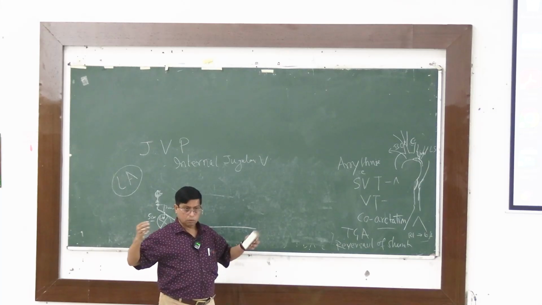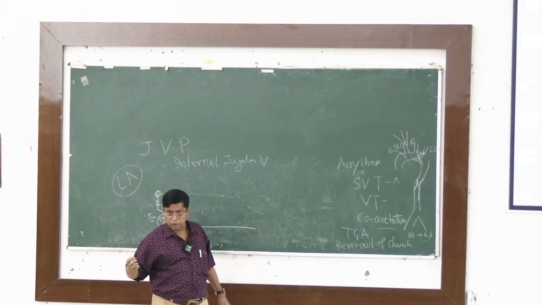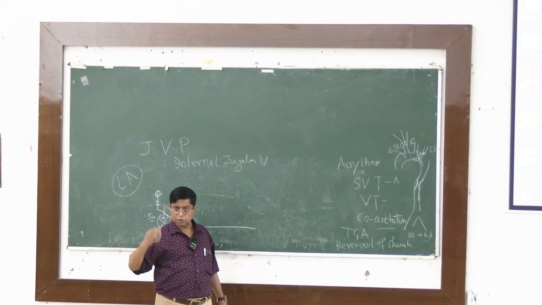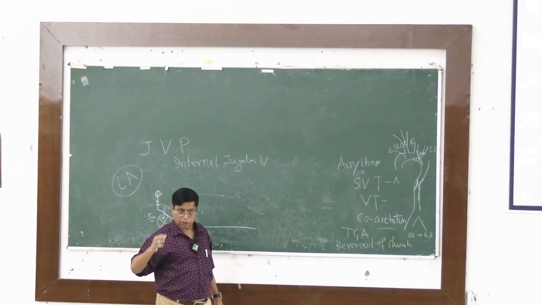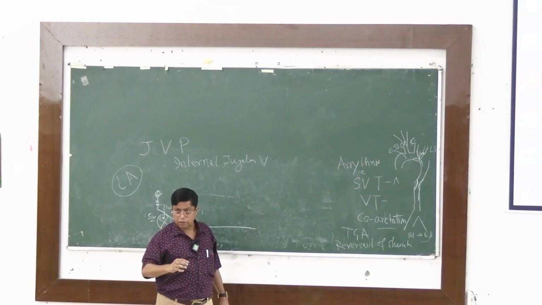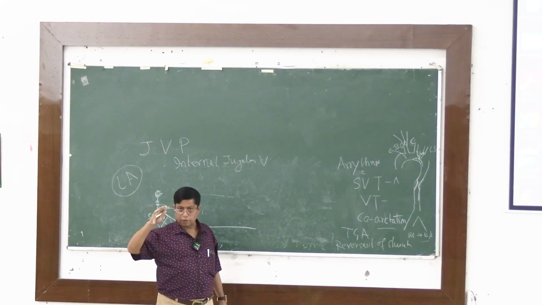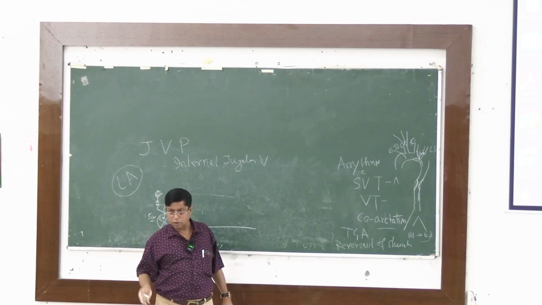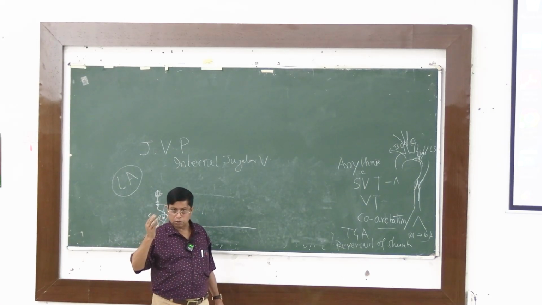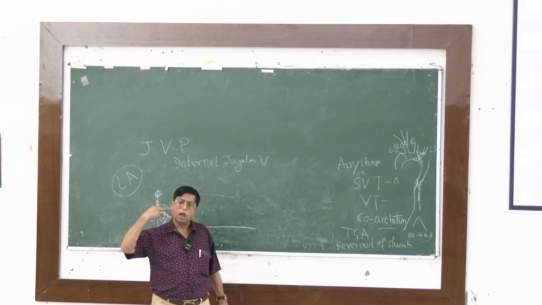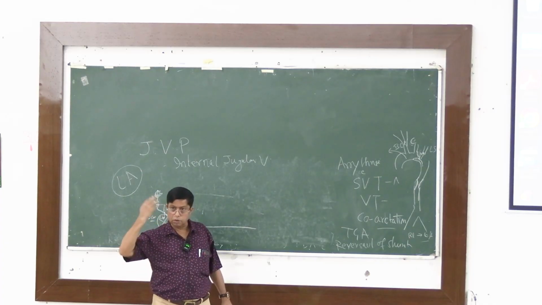Or congestive cardiac failure, or pulmonary hypertension. In all cases the left atrial pressure will be high, and these are all causes of a raised JVP. The JVP will be more than 8 centimeter, and it will be visible above the lower 1/3 of the neck.